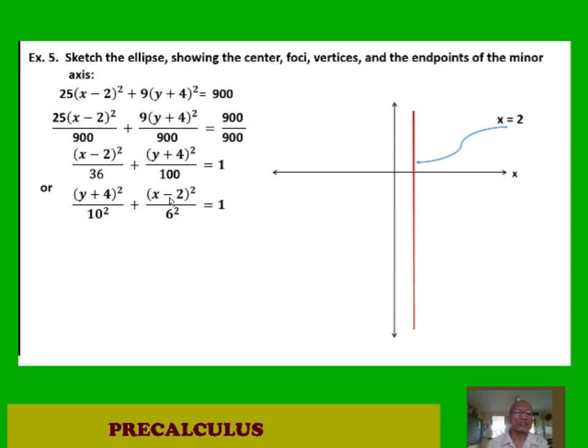The numerator is x minus 2, so equate x minus 2 equal to 0. So x equals 2. So this line is the graph of the equation x minus 2 equals 0. That is our first step in sketching the graph of an ellipse.